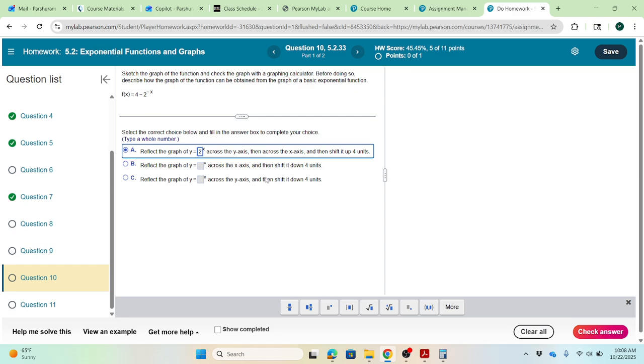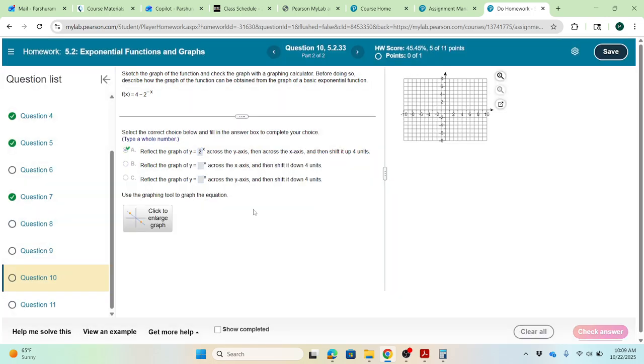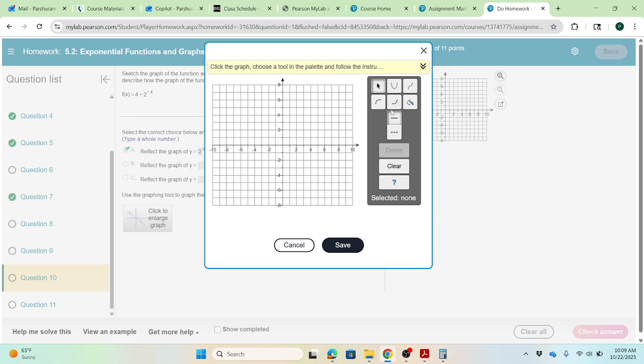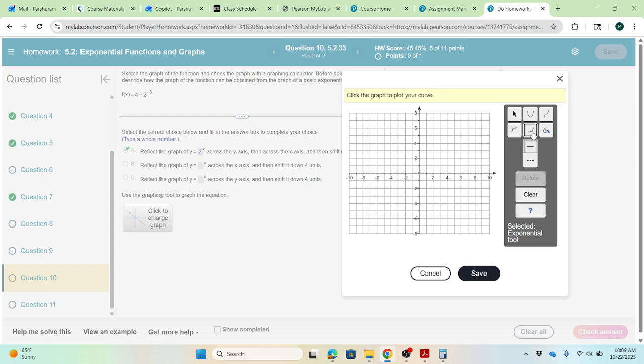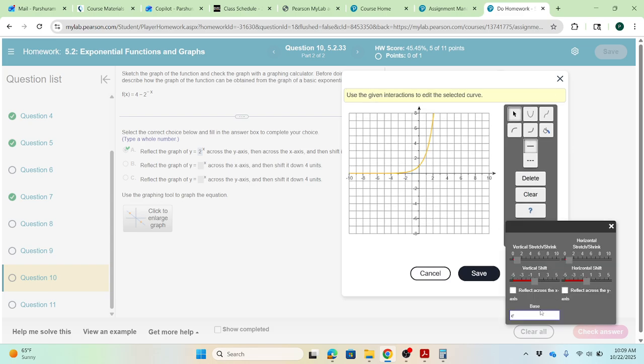Y-axis and then x-axis and then shift up. This is the only option we have, so this is the graph. Start with this one, which is 2 to the power x. The base is supposed to be 2 instead of e.